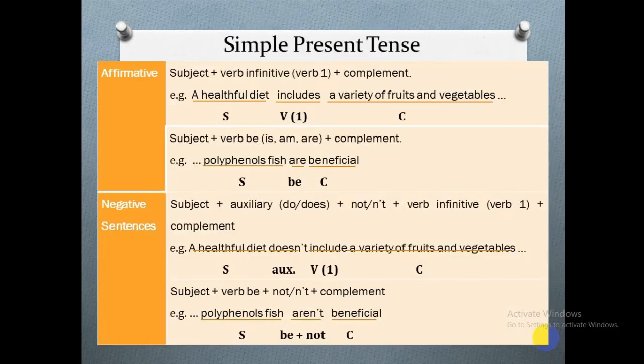But overall, the most used tense in analytical exposition text is simple present tense. So here is the table to ease your understanding.